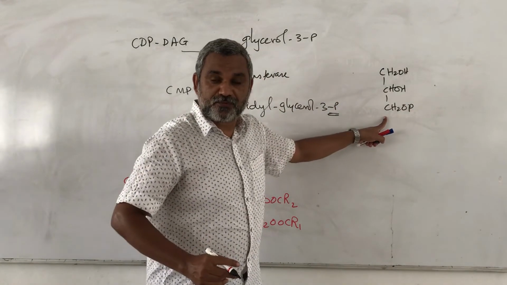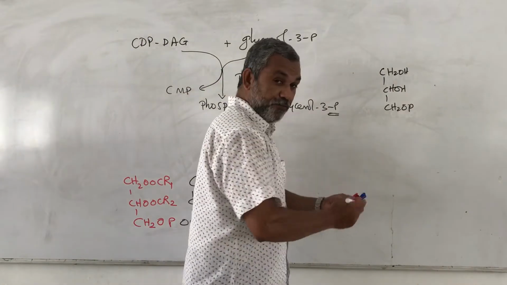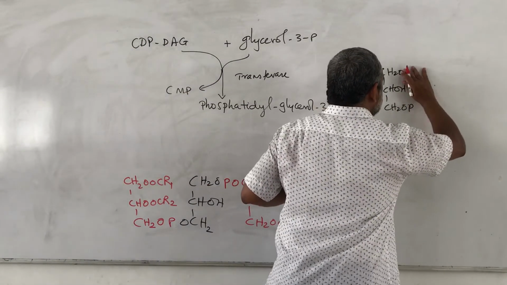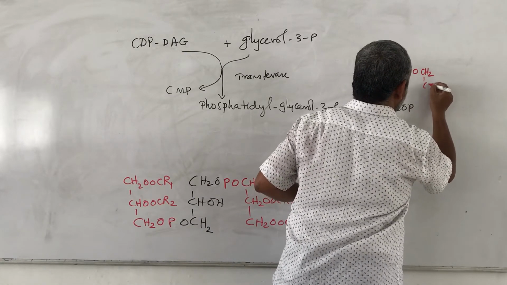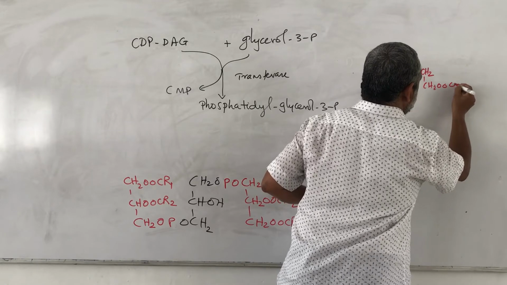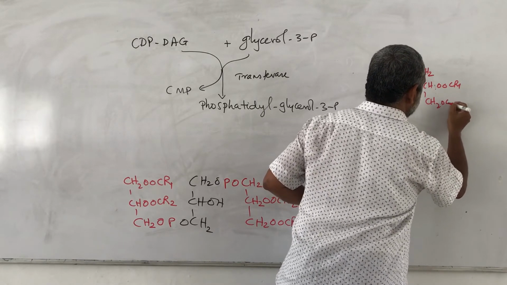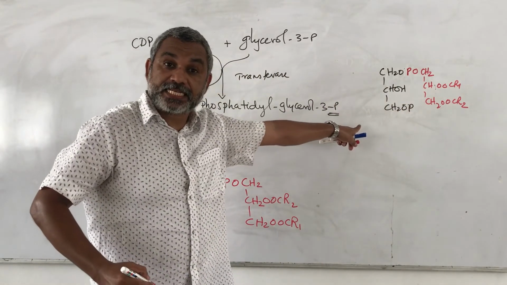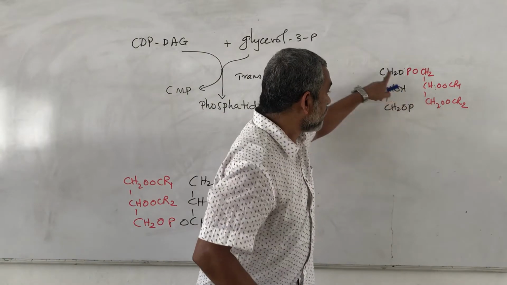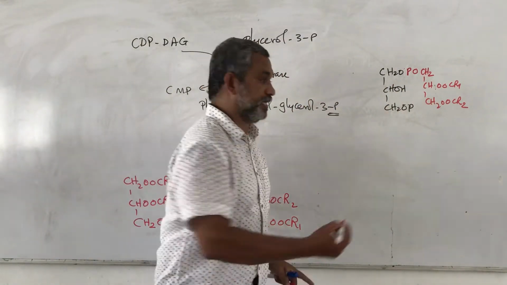This is glycerol 3-phosphate. Phosphatidic acid is attached to this. So therefore, here phosphatidic acid is attached. This is the structure of phosphatidyl glycerol 3-phosphate.